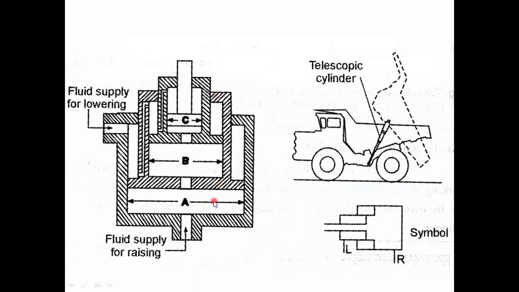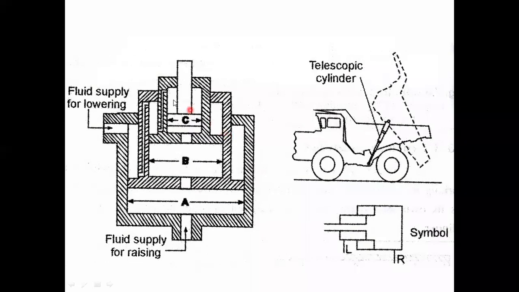Once the first cylinder, cylinder number A, is filled with oil and cylinder number B is at its outer stroke, the oil will start flowing from A to B and will extend cylinder number C. In that way, once the first cylinder bore is filled with oil, it creates pressure on the other cylinder so that it extends further.